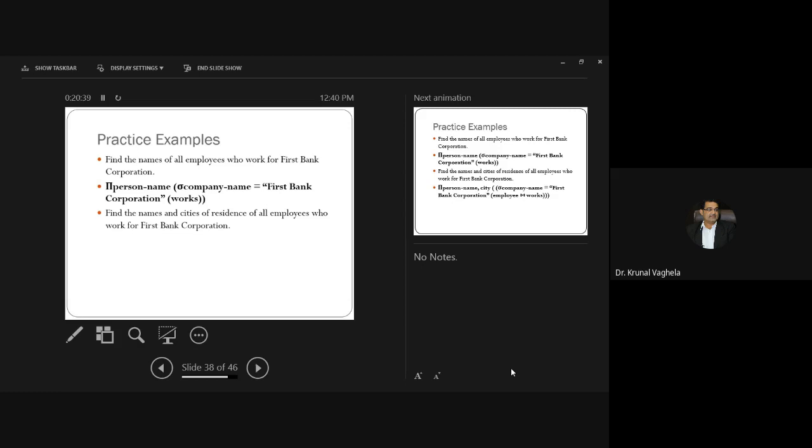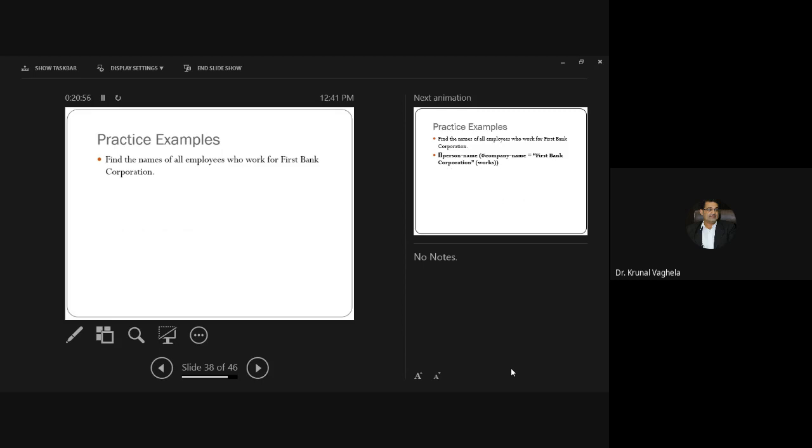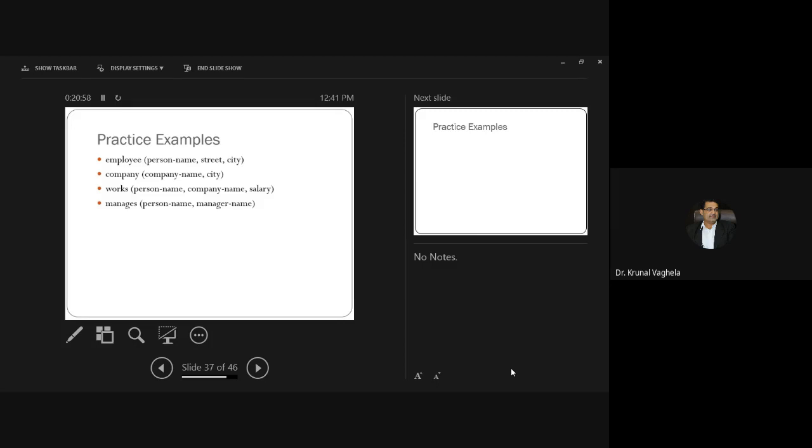How many tables? Two? No. Answer is 2 because you want person name, city, and company detail. So person name and company detail you get from works, and city detail from employee.